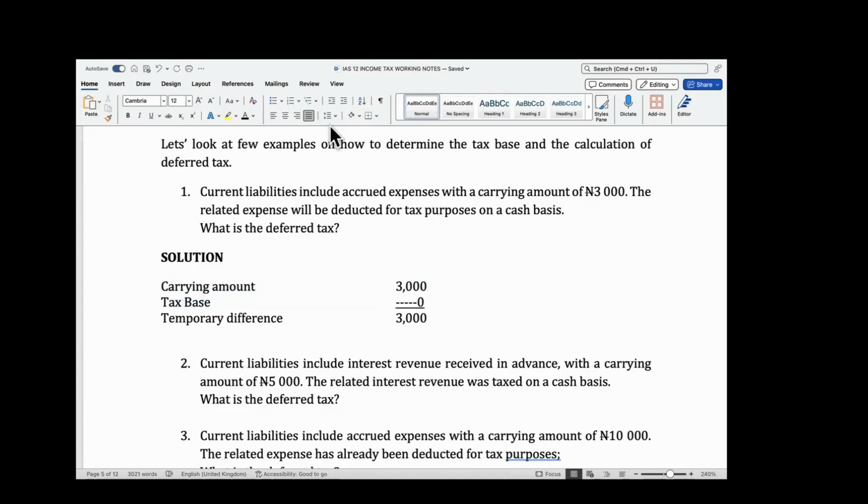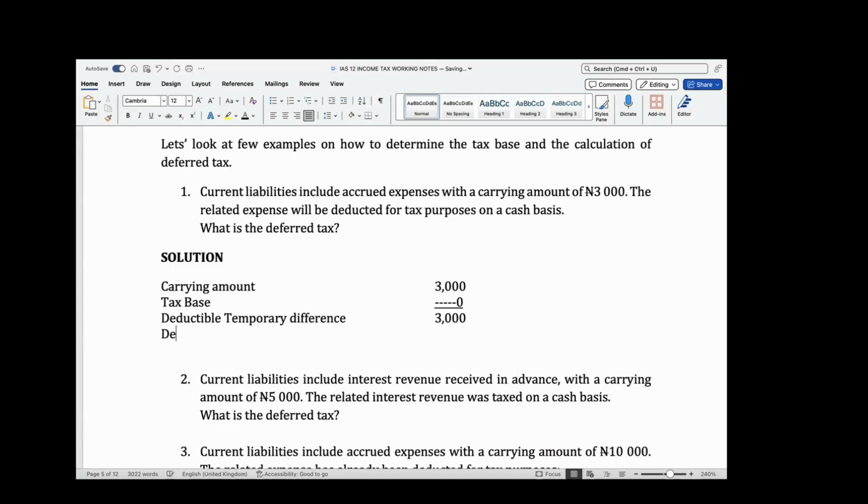Deductible. Yes, that's correct. The question told us that they will allow it for deduction on a cash basis, so they will allow it in the future. So it's a deductible temporary difference. And when you have a deductible temporary difference, the tax impact is a deferred tax asset. When you apply 30% on 3,000, that will give you 900.